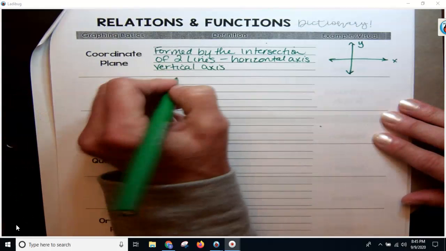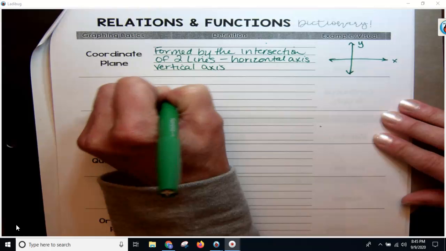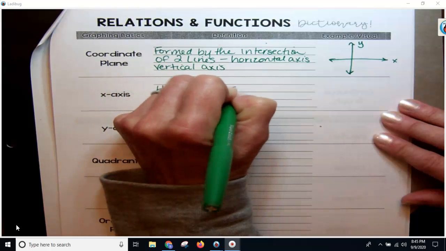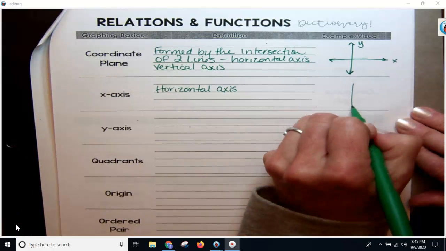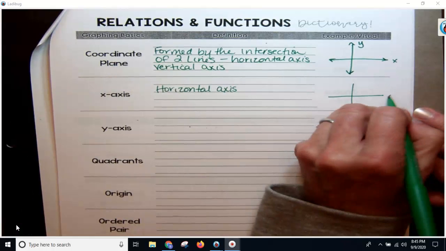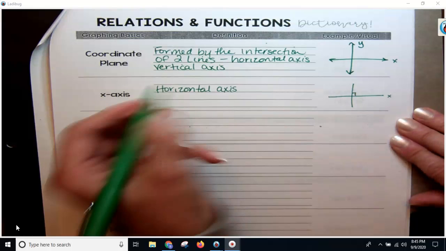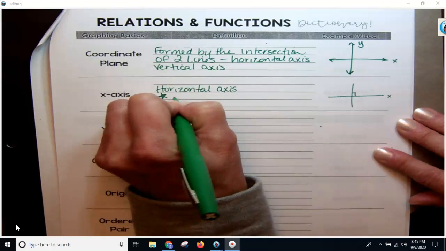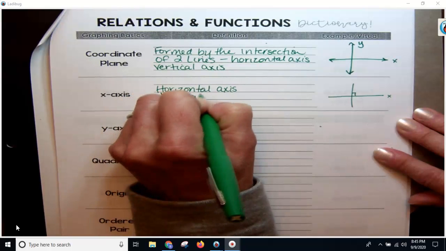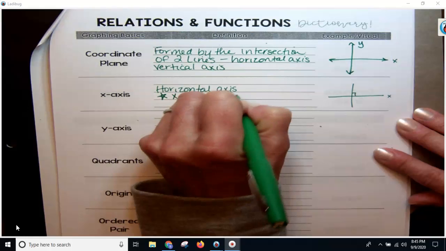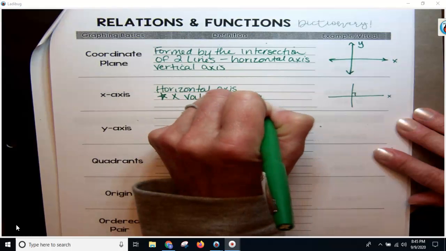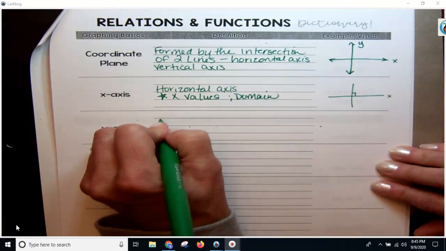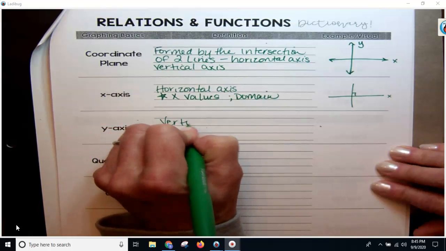Your x-axis is the horizontal axis. And what's important is that you understand this is your x-axis. This is where you are going to find your x values, which are also your domain, which we'll talk about later. Your y-axis is your vertical axis.